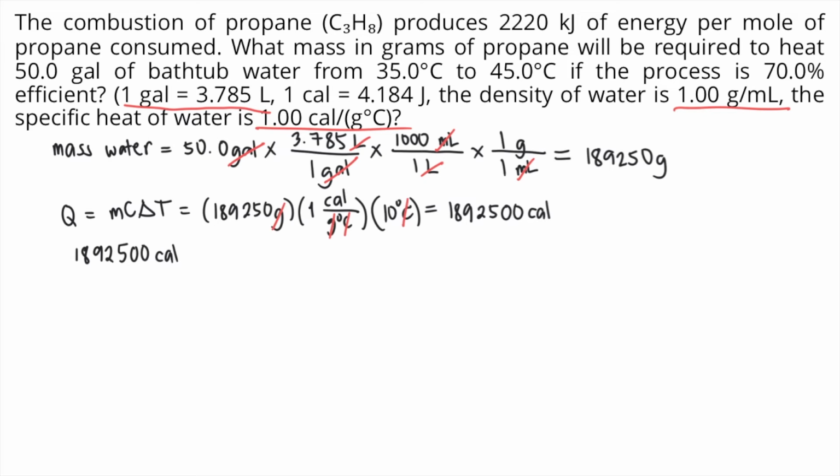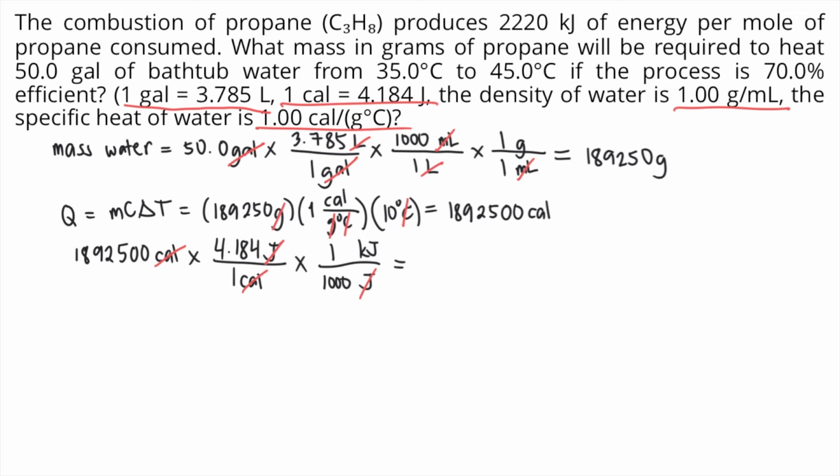to 45 degrees Celsius. In the problem, it says that 1 calorie is 4.184 joules. So we can actually convert this. 1 calorie is equivalent to 4.184 joules, so the calories would cancel out. And you can also convert joules into kilojoules. We know that 1 kilojoule is equivalent to 1,000 joules, so the joules would cancel out.